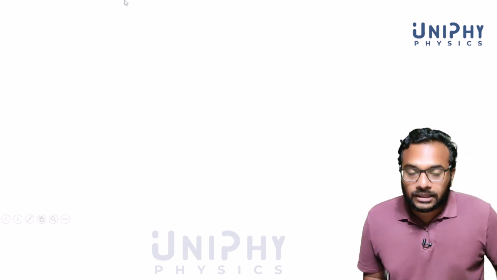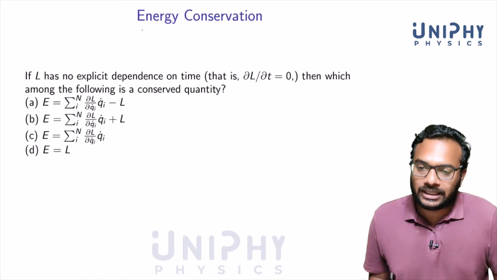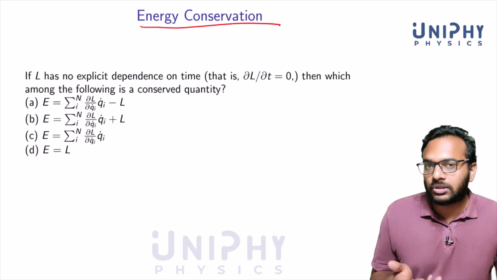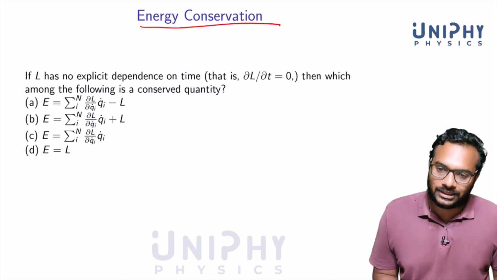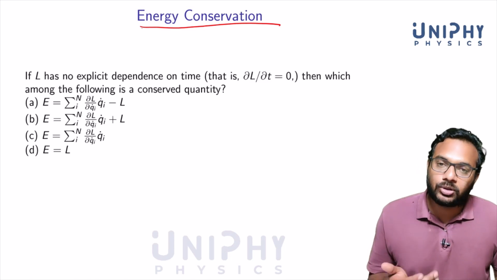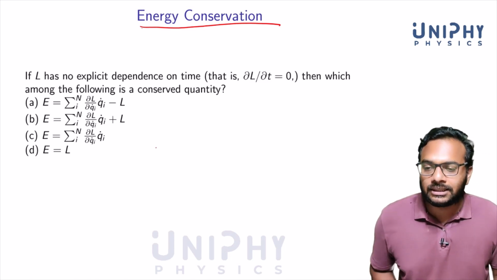All right. Let's now discuss energy conservation. As I said before, Noether's theorem says that corresponding to every conserved quantity there is a symmetry, or corresponding to every symmetry there is a conserved quantity. In classical mechanics, you can say it in either way.